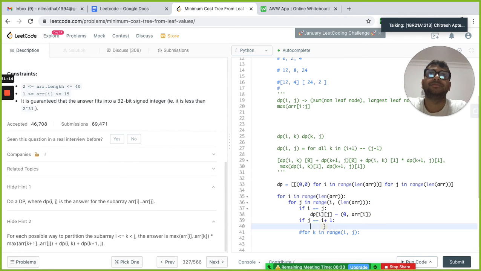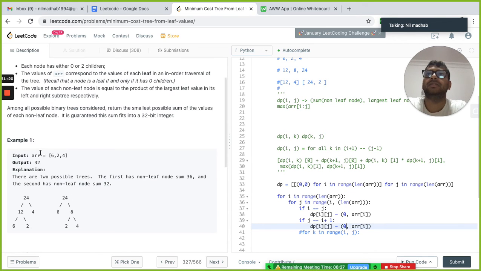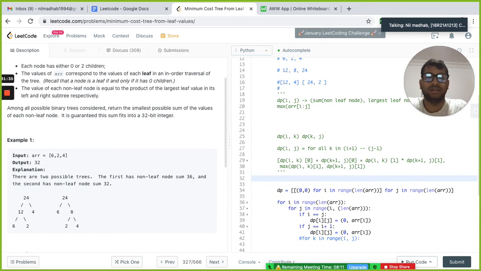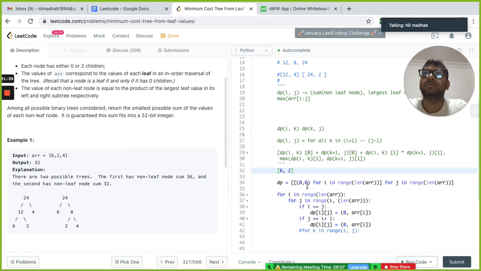If we have only 2 elements, then it will be the product of those two.